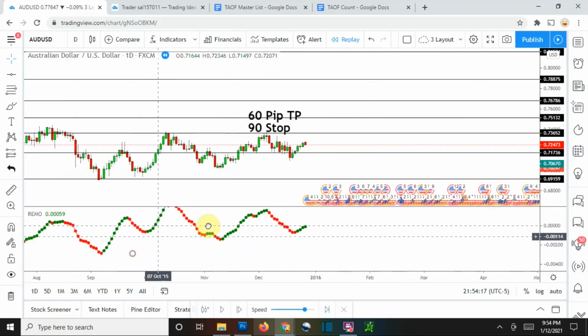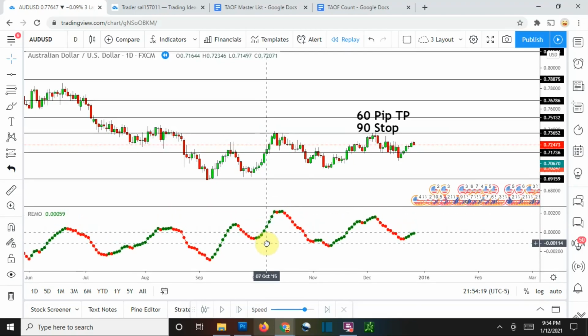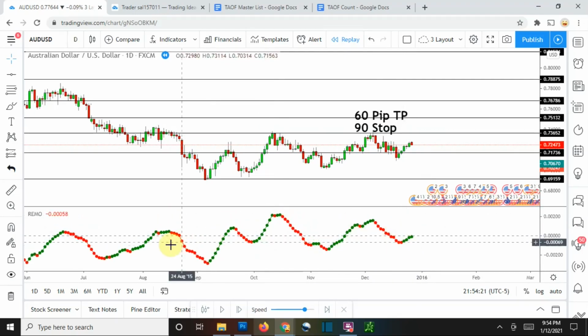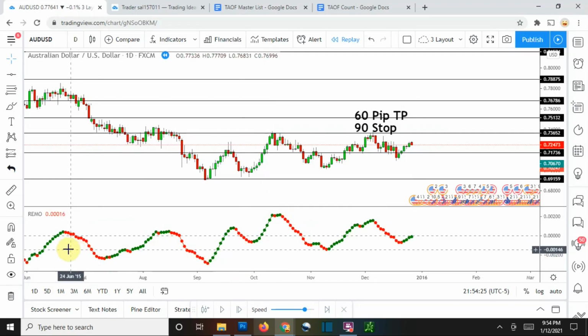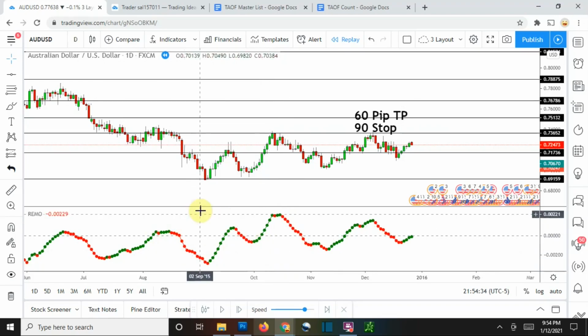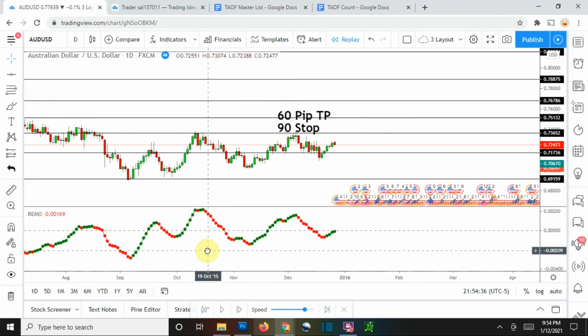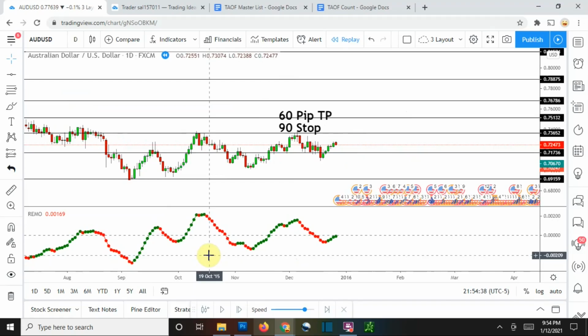Now, keep in mind that with the momentum indicator down here at the bottom of the screen, there are some indicators that are zero line indicators, where you would only take specific trading signals while the oscillating line is below the zero or above the zero. I personally don't find that a great way to use indicators.